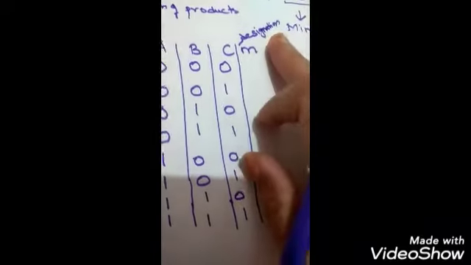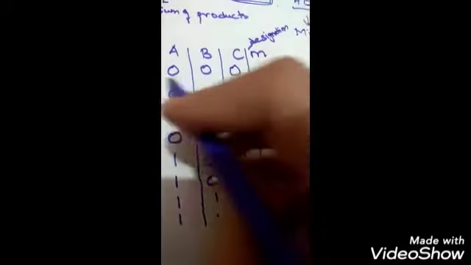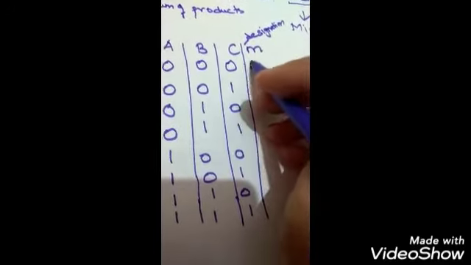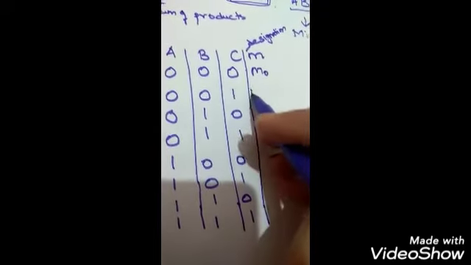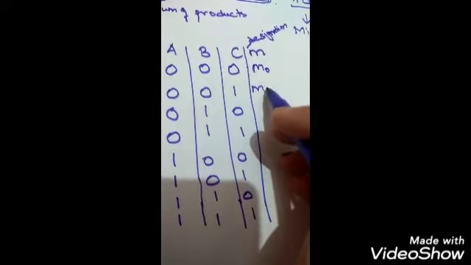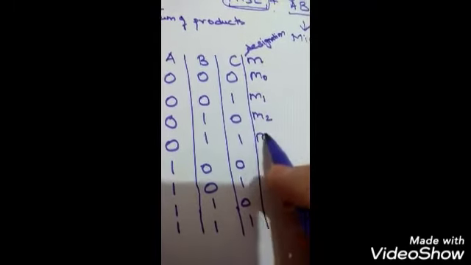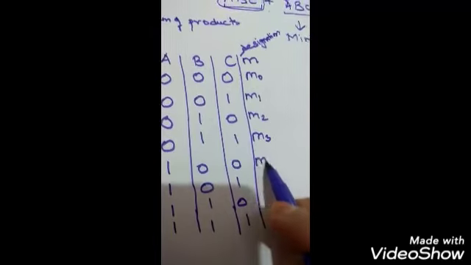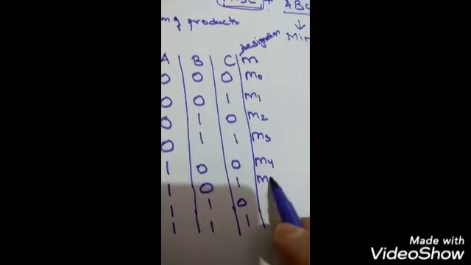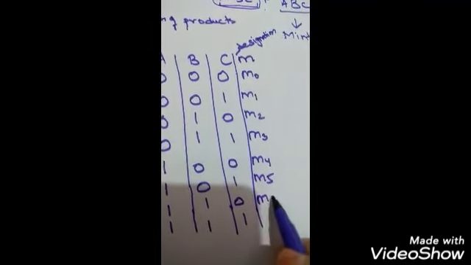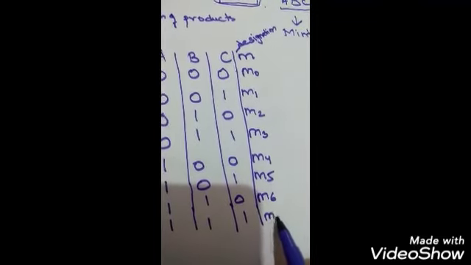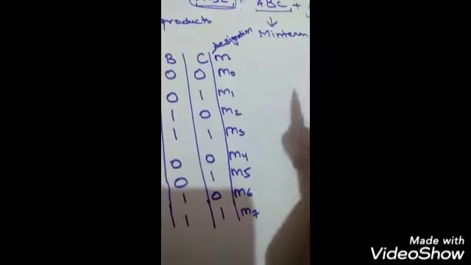Now for minterm designation we use the symbol small m. The first combination is represented as m0, the second one is represented in decimal form as m1, m2, m3, m4, m5, m6, m7. So just remember, we are using small m for minterms and capital M for maxterms.